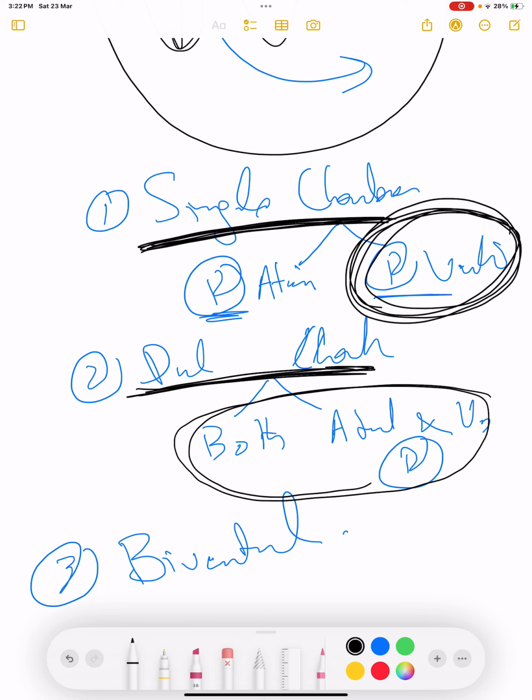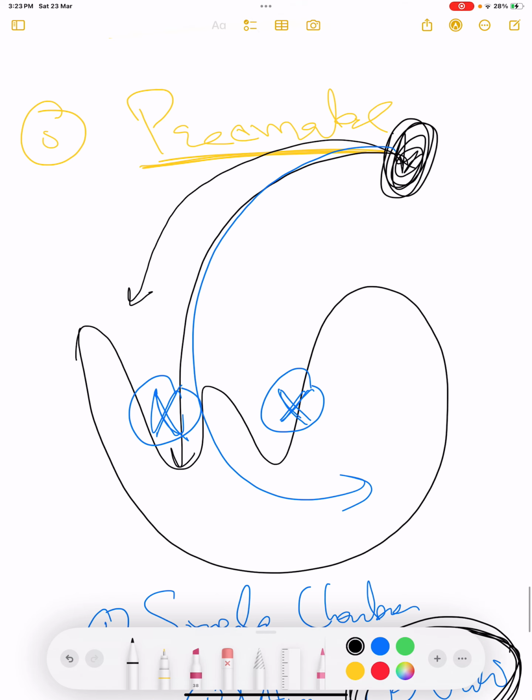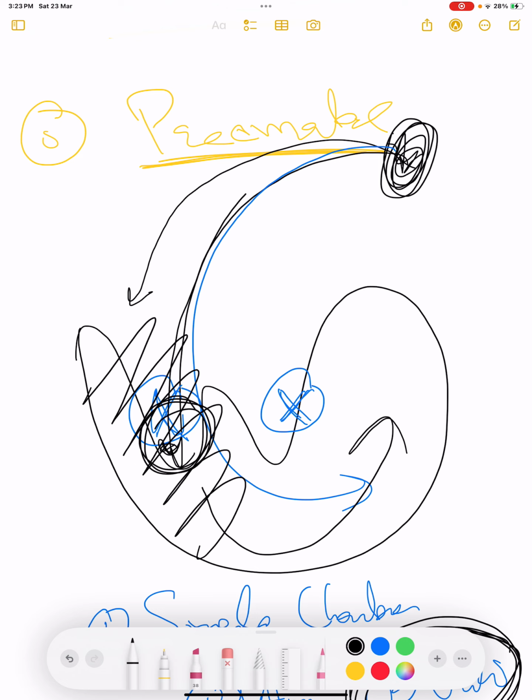So basically the main thing is the right ventricle. So right ventricular pacemakers will lead to a broad complex rhythm. What does a pacemaker do? Usually a pacemaker depolarizes the right side first. So when there is a single chamber pacemaker or dual chamber only on the right side, the right side will be depolarized earlier and then it will depolarize the left side.